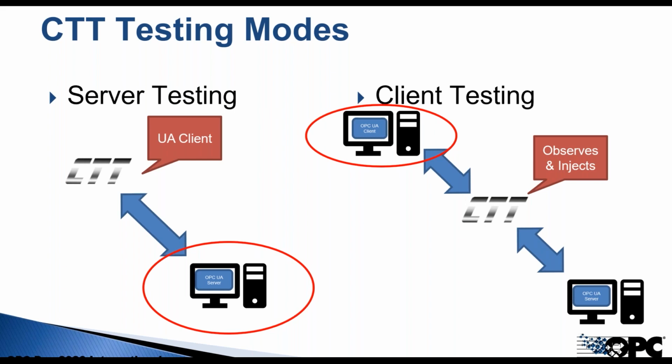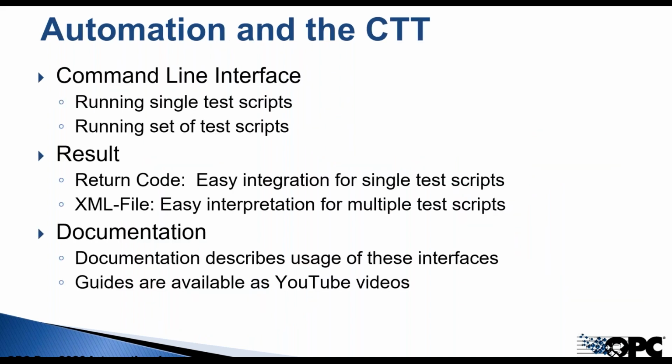But the CTT has been developed with the idea to make it easier for the vendors. So all the testing should be as easy as possible and as smooth as possible. And because of that, we actually have an automation interface for the CTT. So what that allows you to do is running the CTT in your CI or build environment.